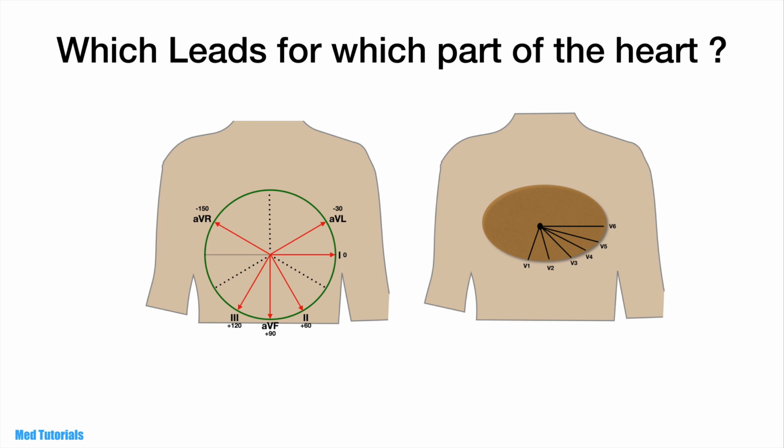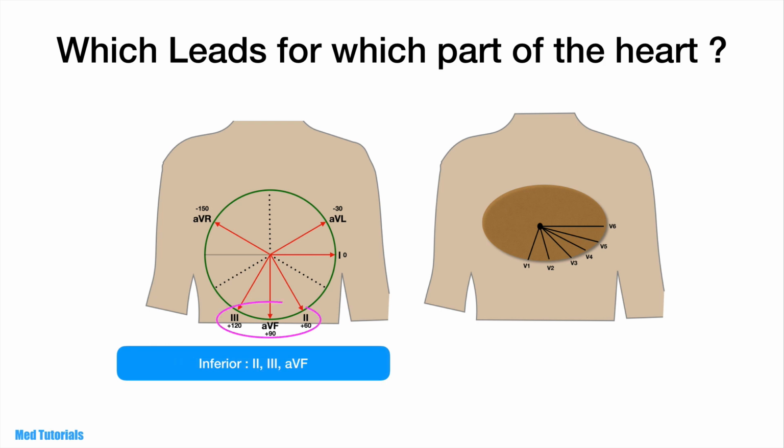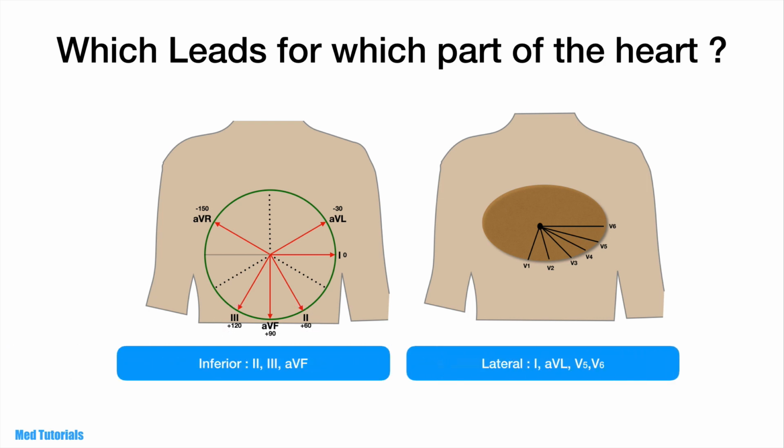it will be easier for us to understand which part of the heart is best viewed in which leads. The inferior part of the heart is best represented in the leads 2, 3 and AVF. The lateral part of the heart is best represented in the leads 1, AVL, V5 and V6.